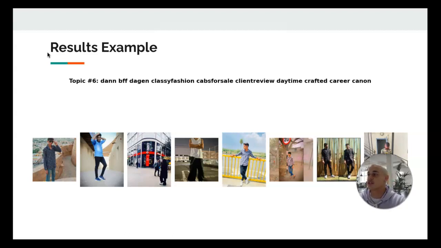All the images in the cluster feature full body angles of males showcasing their outfit choices, so the image cluster was pretty accurate, and the top words such as classy fashion, daytime, and canon reaffirm the cross-modal coherence and directly relate to the cluster.